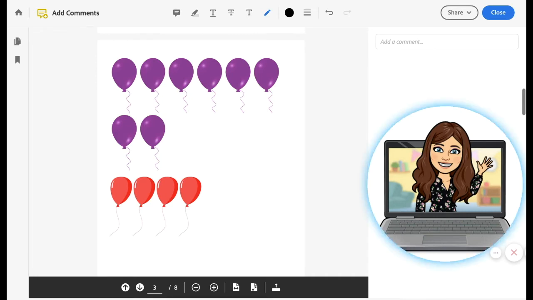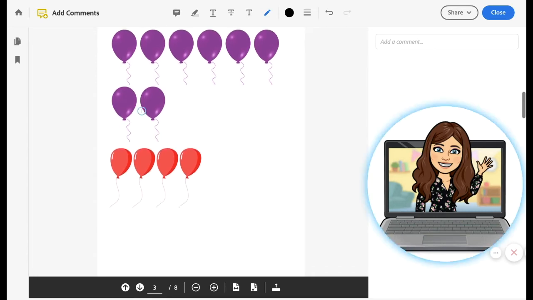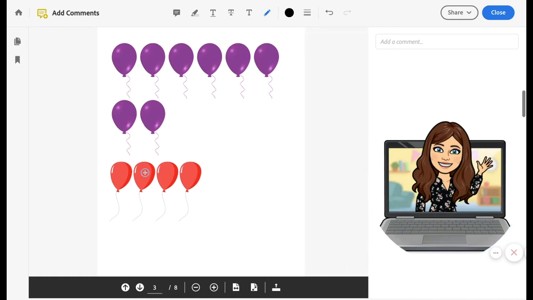Okay, now let's move on to our second subtraction problem. Friends, we are going to use the purple balloons as a representation of the first number in our number sentence, and the red balloons are going to represent the second number. So Keeble Cubs, count and tell me how many purple balloons there are. That's right, friends. There are 1, 2, 3, 4, 5, 6, 7, 8 purple balloons in all.